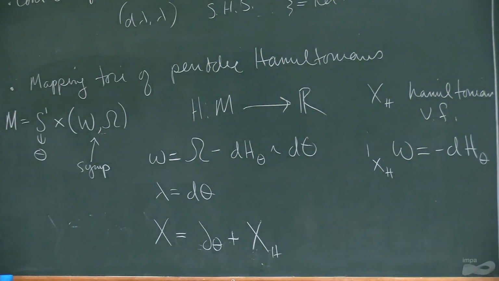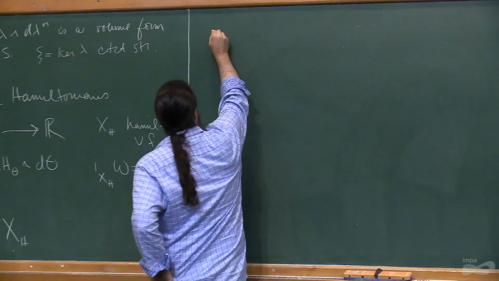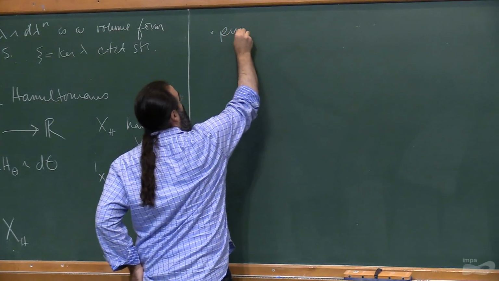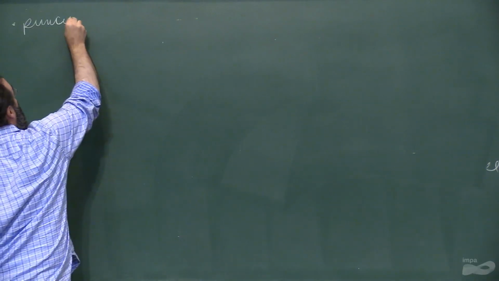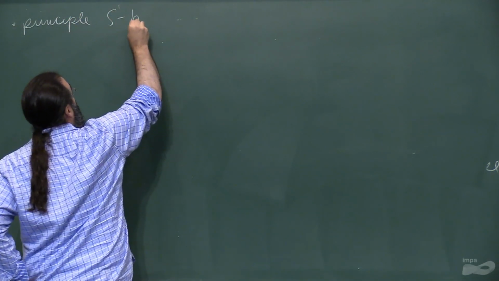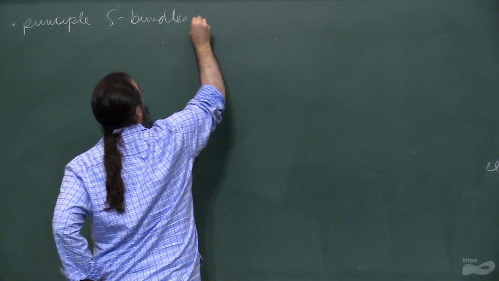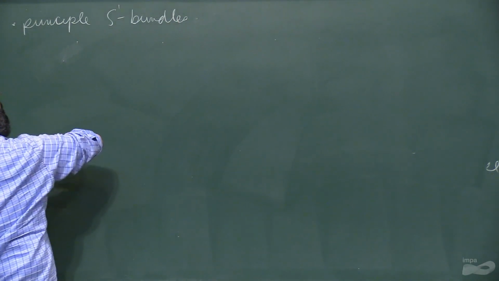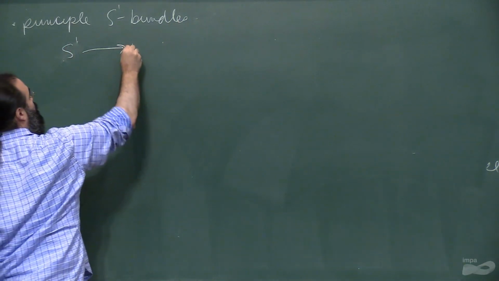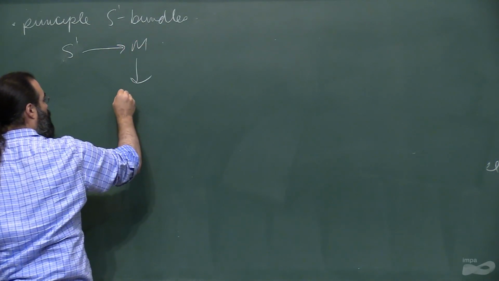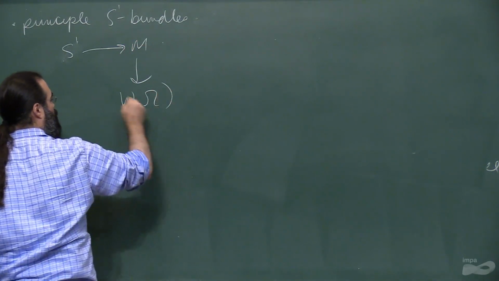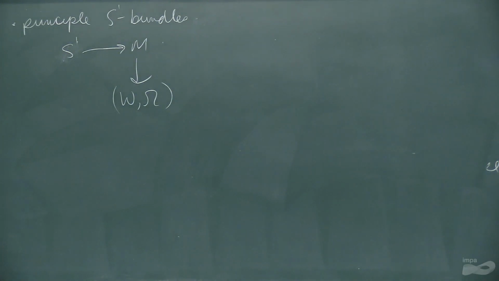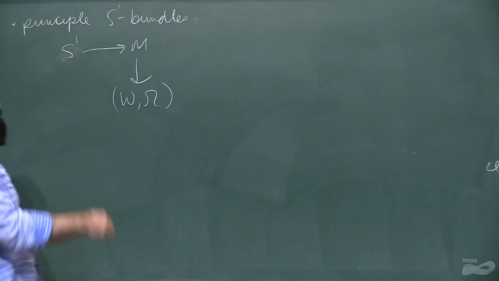And a final important class of examples is principal S1 bundles over symplectic manifolds. So M, how do we usually denote this? So this is a symplectic manifold. I've got a principal S1 bundle.